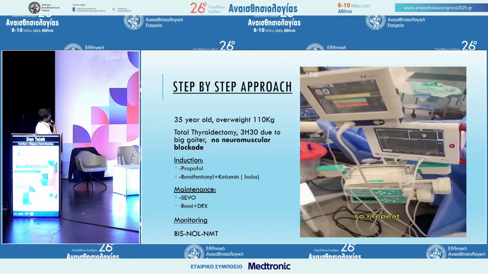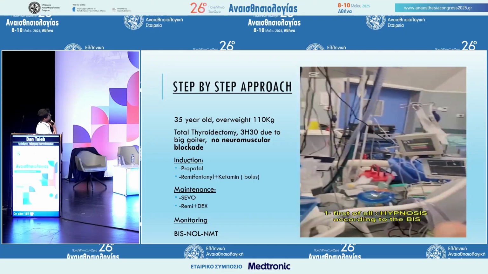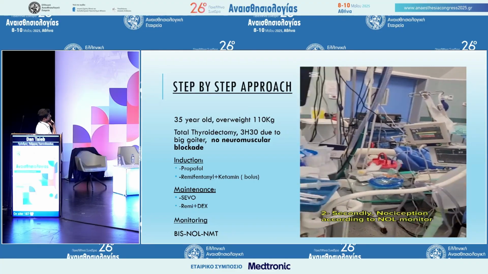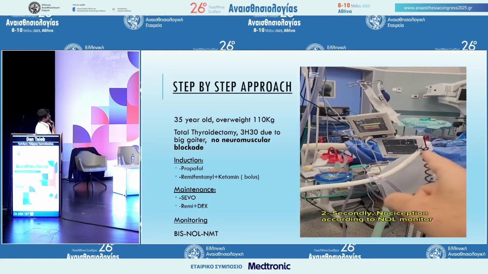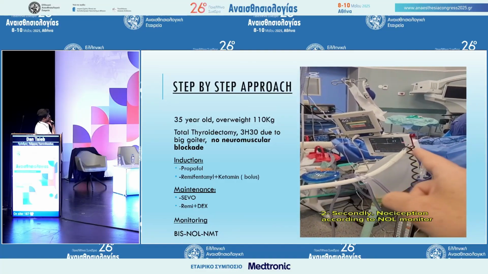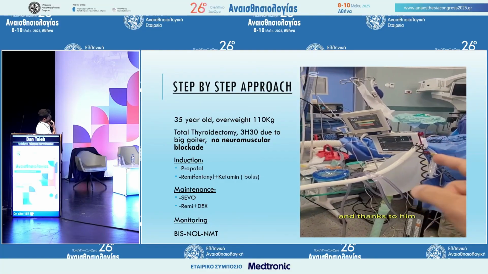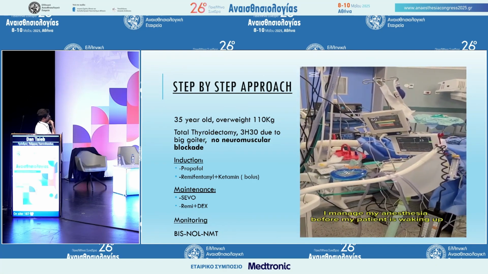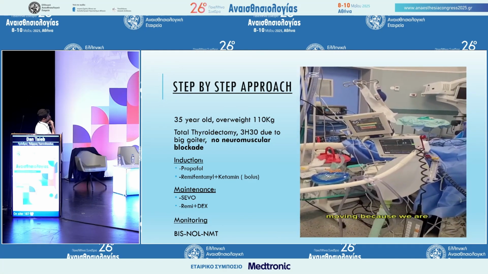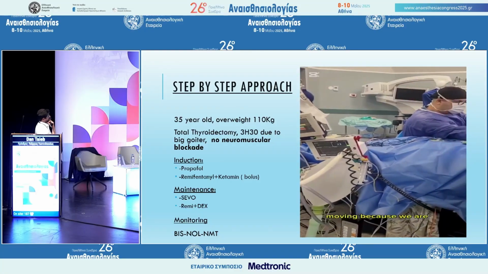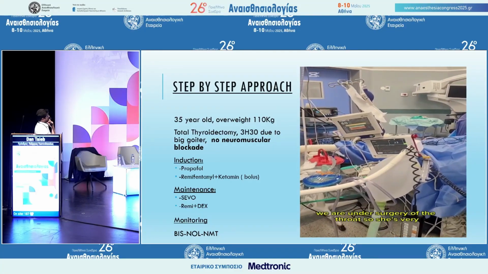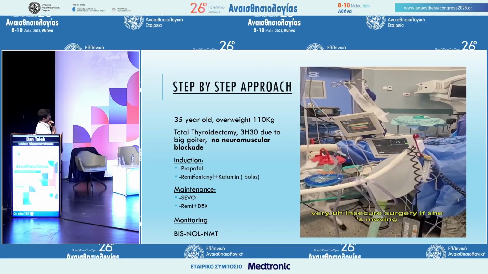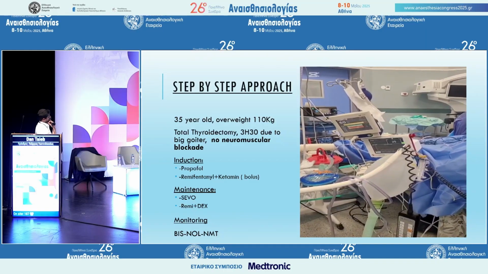Okay, so I repeat. First of all, hypnosis according to the monitor. Second, I have the NOL monitor, and thanks to it, I can adjust my anesthesia before my patient is waking up and moving, because we are in surgery of the throat. So it's very insecure surgery if she is moving.